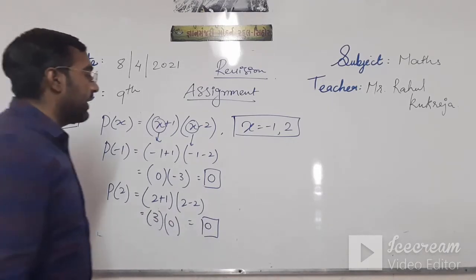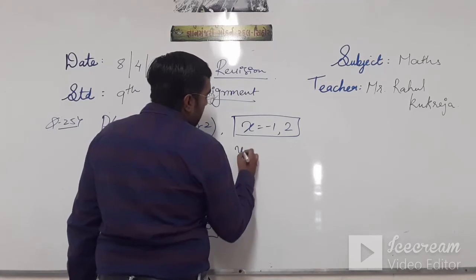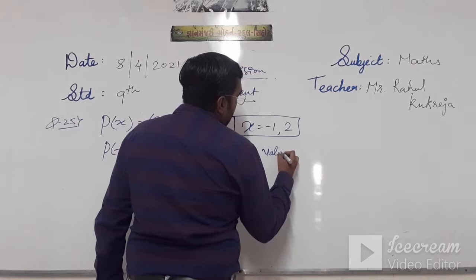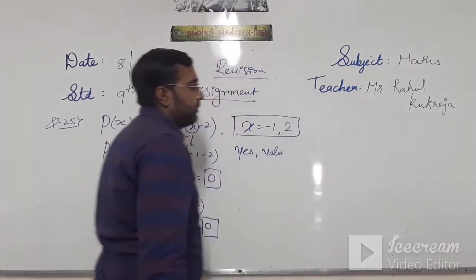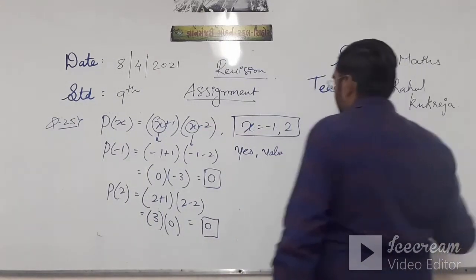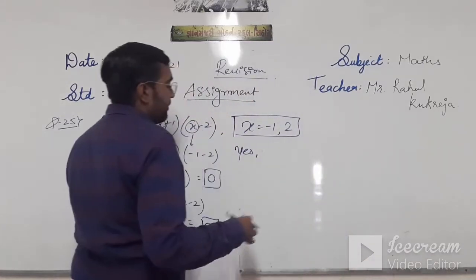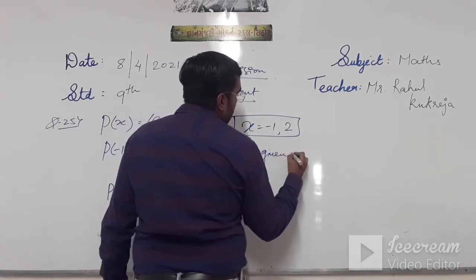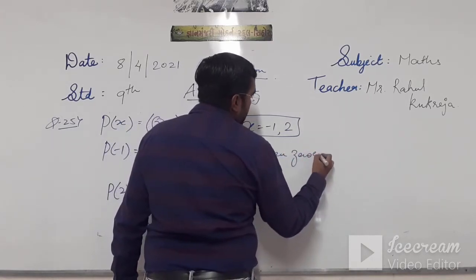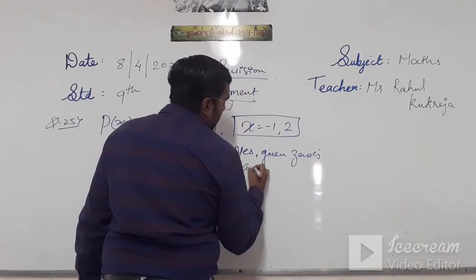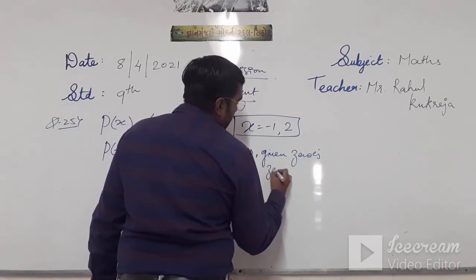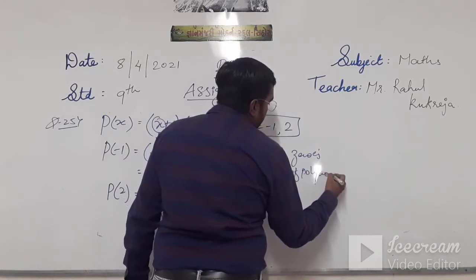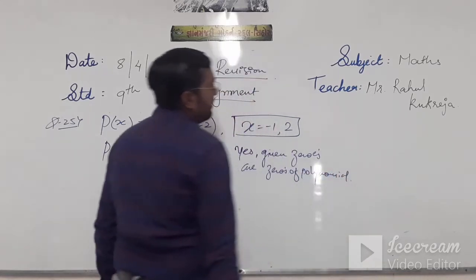Okay, so we are writing here: yes, the given values are zeros of the polynomial. Clear?